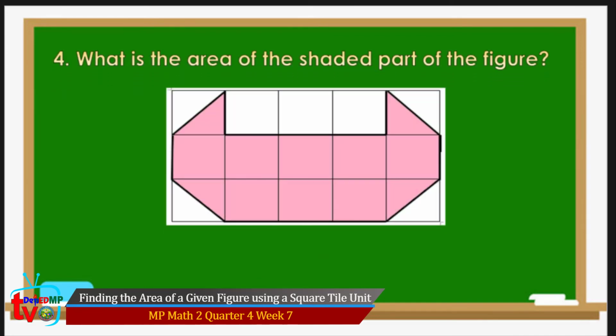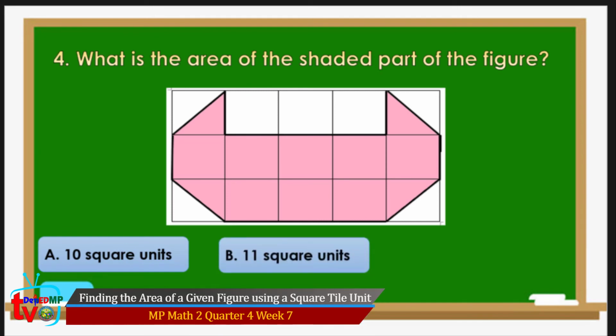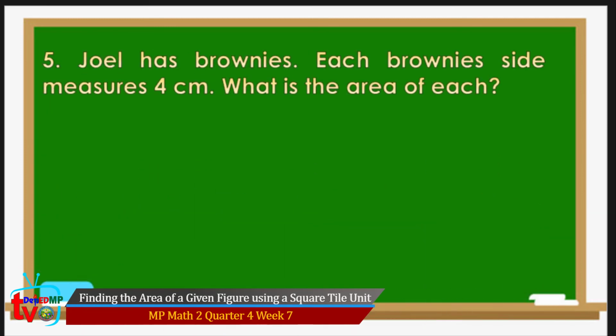Number 4. What is the area of the shaded part of the figure? Is it A, 10 square units, B, 11 square units, or C, 12 square units? And number 5.